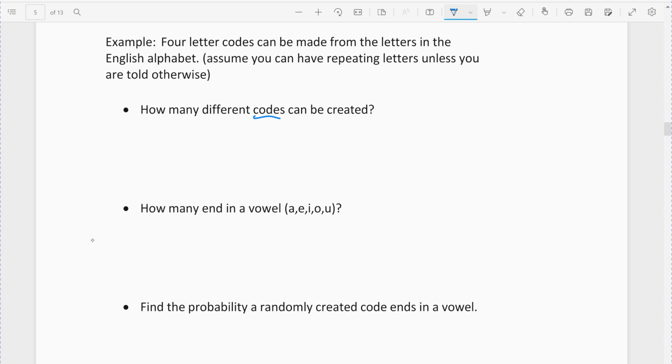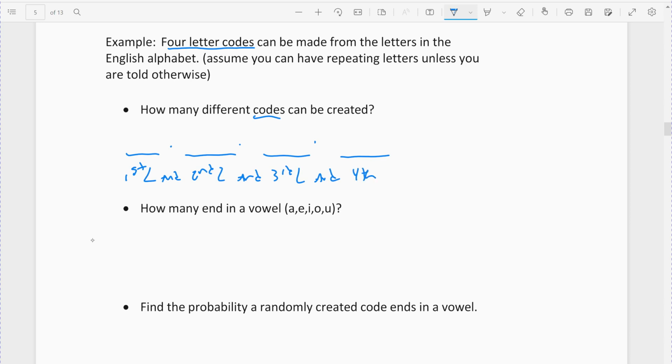Alright, so in this case, we have a 4-letter code. And so from the English alphabet, remember there are 26 letters total. So we have to pick, and I'm just going to write it out. A lot of times when we do codes and numbers, we'll do a little dashed line because it's always "and." We have the first letter and the second letter and the third letter and the fourth.